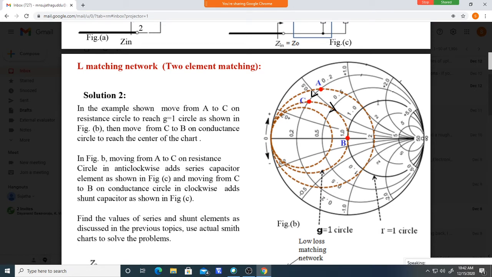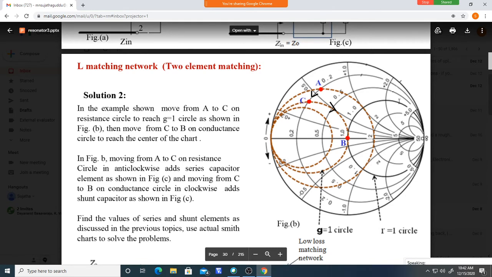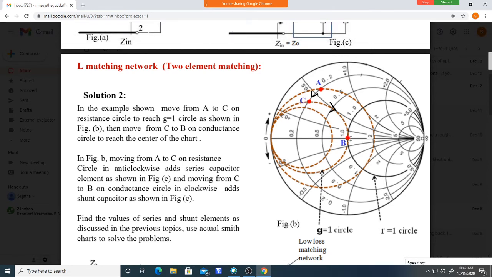Similarly, wherever you are on the R equals 1 circle, you can reach this point. So wherever you are, like impedance A, first you should move to the R equals 1 circle or G equals 1 circle like this. Then you move on the R equals 1 circle or G equals 1 circle to the center of the Smith chart.